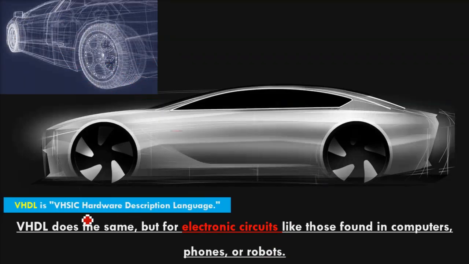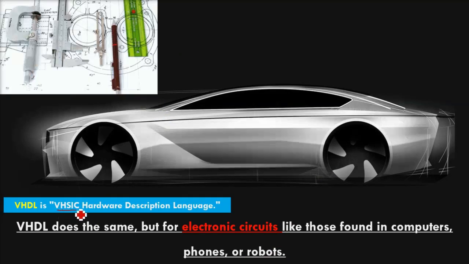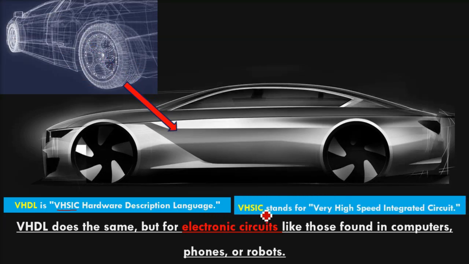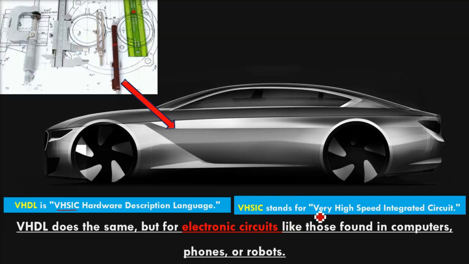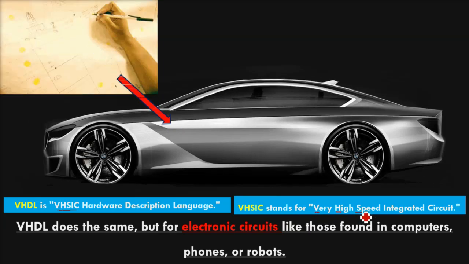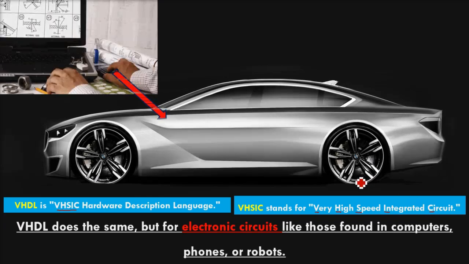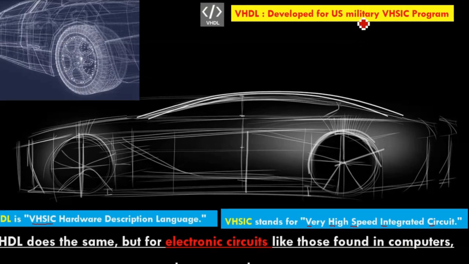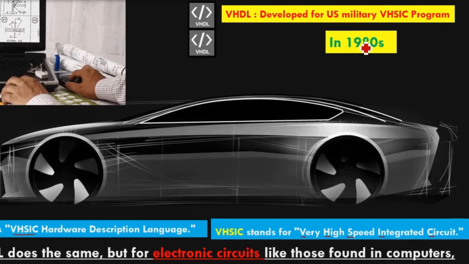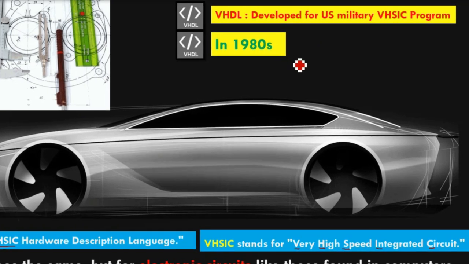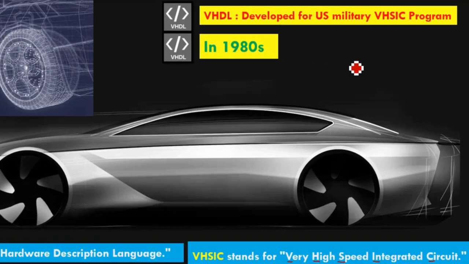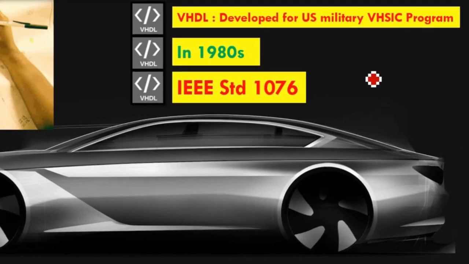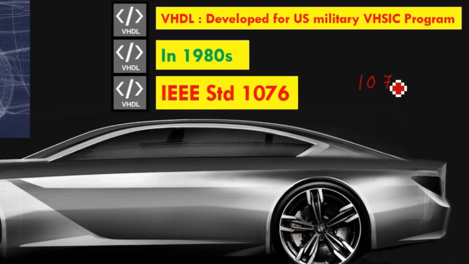VHDL is VHSIC Hardware Description Language. VHSIC stands for Very High Speed Integrated Circuit. The language was developed for the US military in the 1980s and has been standardized by the Institute of Electrical and Electronics Engineers, IEEE, as IEEE Standard 1076.